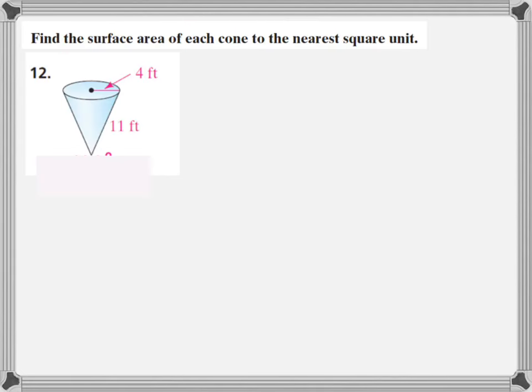Now in this question, find the surface area of each cone to the nearest square unit. Now how much is the slant height of this cone? 11 feet. And how much is the radius given in this? 4. What is the formula to find LA of the cone?